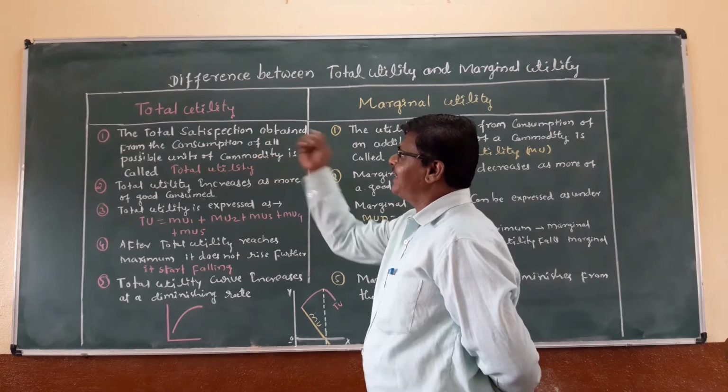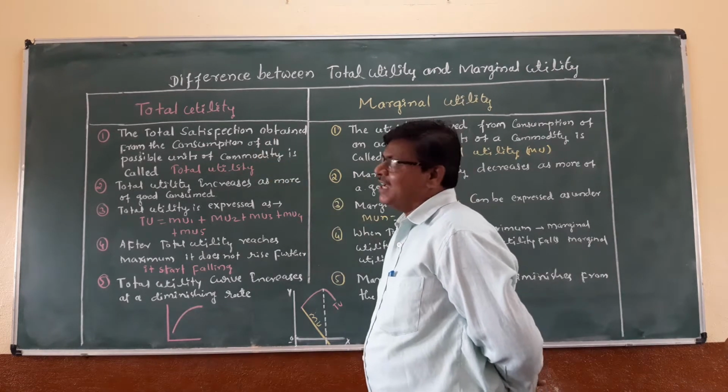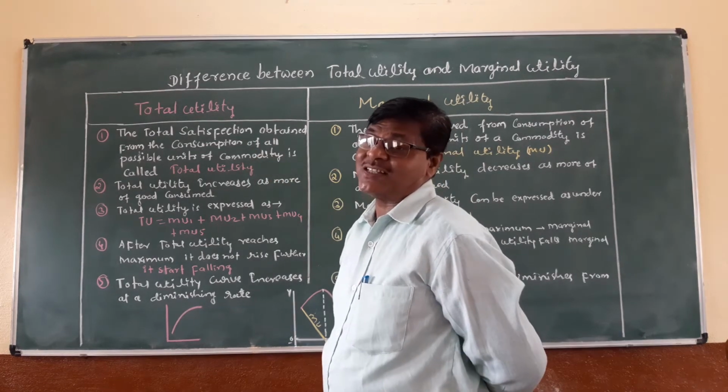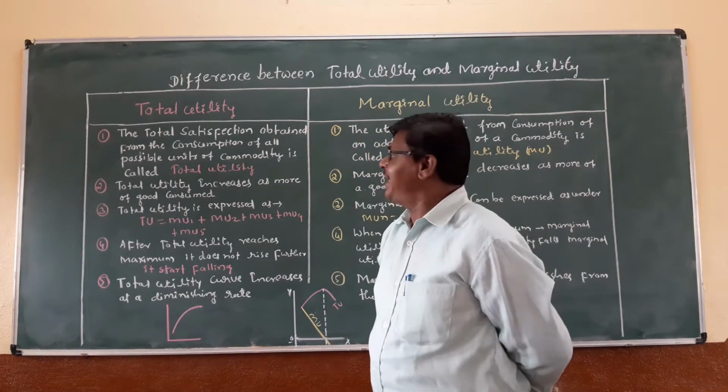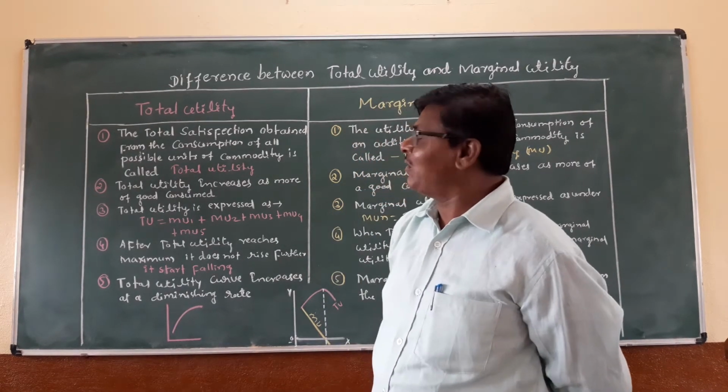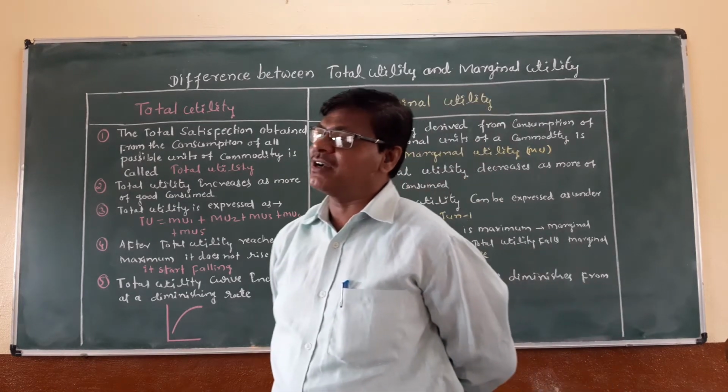In total utility, it is the total satisfaction obtained from the consumption of all the possible units of the commodity.